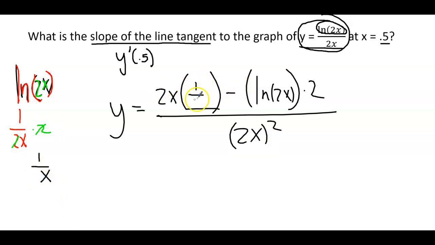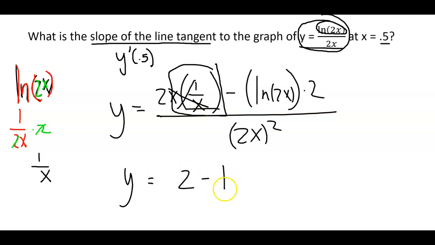And that's what I'm going to put right here. Now in this case, x times 1 over x, they kind of just cancel each other out and leave you with 1. So we have 2 there. Minus ln of 2x times 2 over 2x squared.